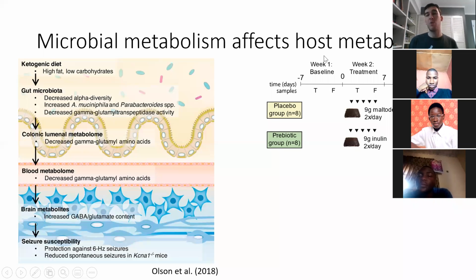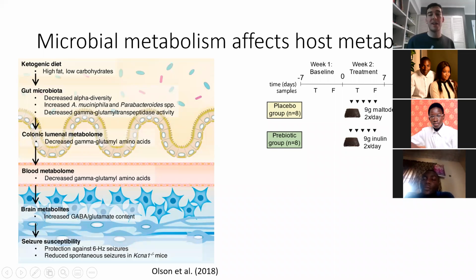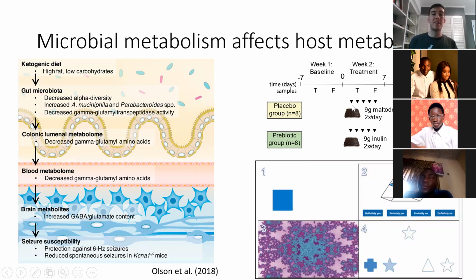And so then week 1 and week 3 are just kind of before and after, establishing what the baseline state of the microbiome looks like for each person, and then seeing if it changes. And what we're looking at here is whether eating a lot of fiber, basically, over a week can affect someone's cognitive ability. These are screenshots from a cognitive test that we give to participants. So for example, in this one, they have to just click on squares as fast as possible, so it's testing reaction time.